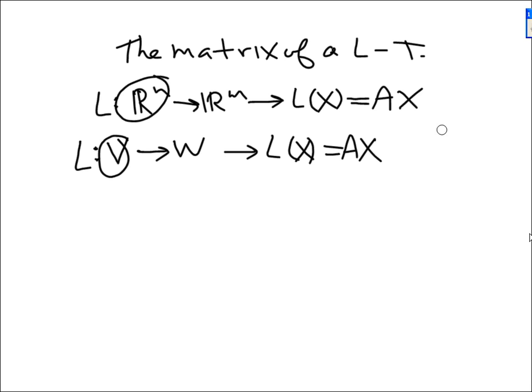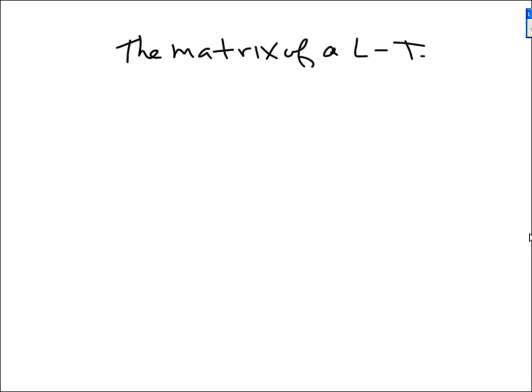No matter what the linear transformation is, you could find an A such that L of x is equal to A times x for any vector x.